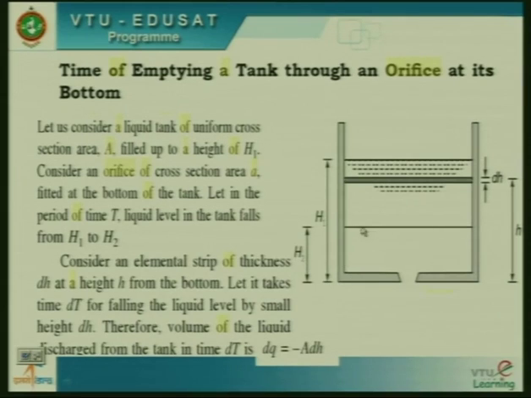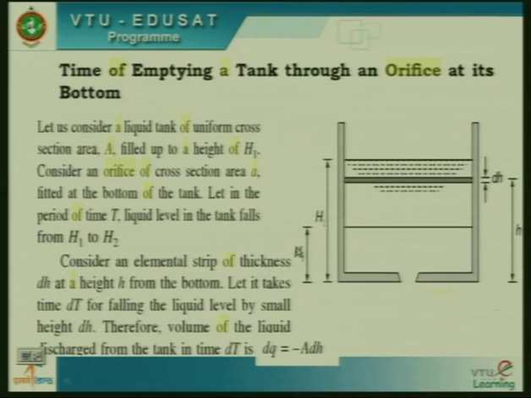I repeat, in this case, my depth varies from H1 to H2. That is, I did not allow the water to empty completely from this tank. Now, suppose I want that condition, so the initial level is h1, and I want to empty the complete tank, then what is the time taken by this orifice to empty the tank?